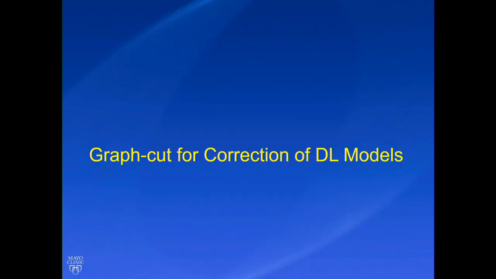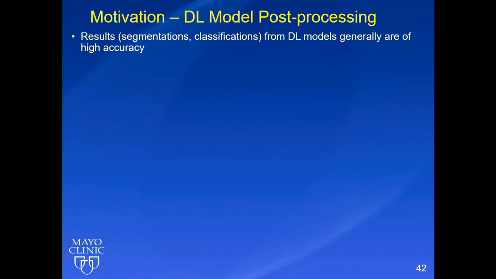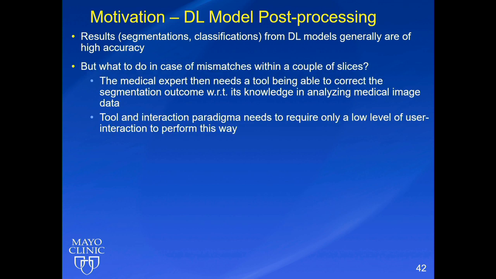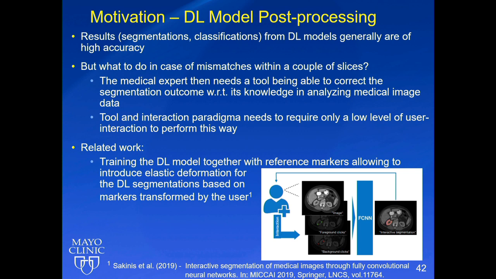And that brings us to GraphCuts as a post-processing tool for deep learning models. If you can train your user interaction combined with the deep learning models itself, a very fascinating work done here at the Mayo Clinic.